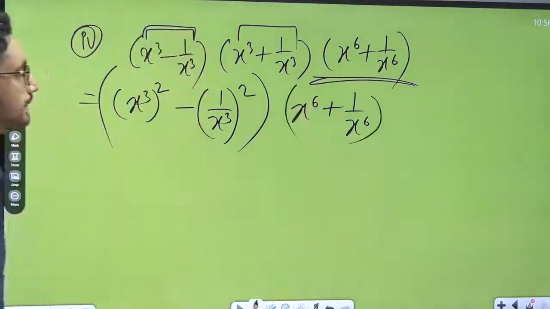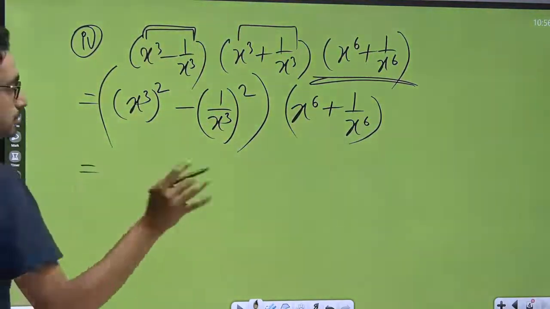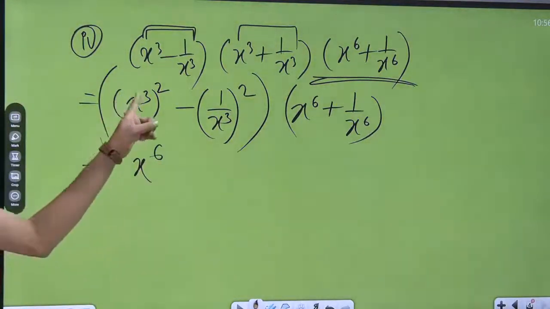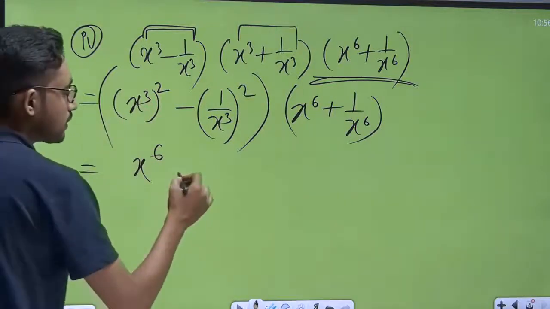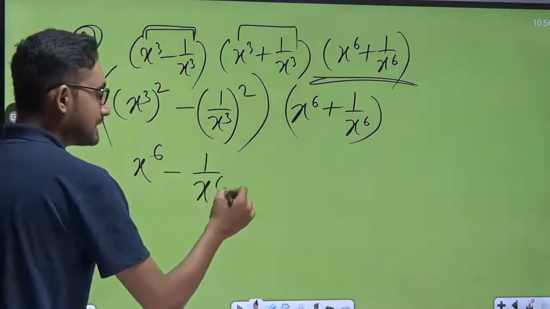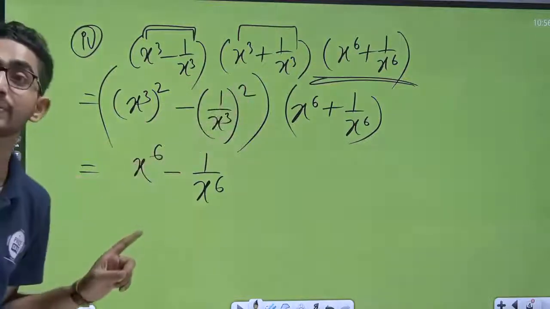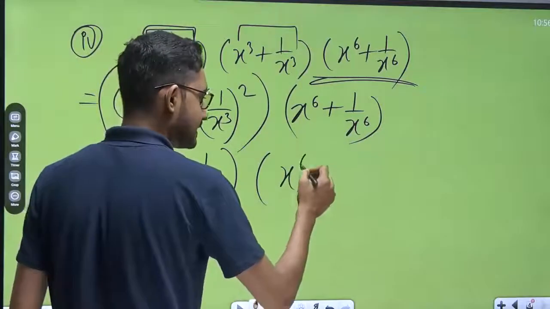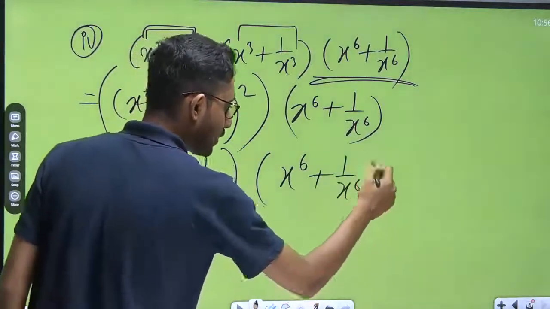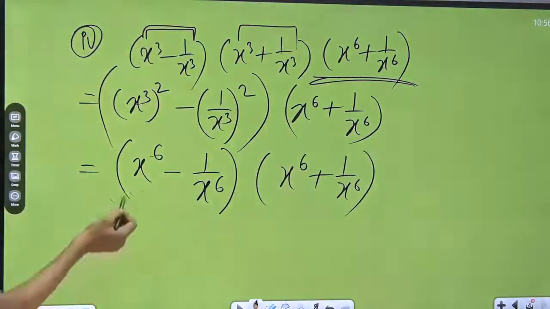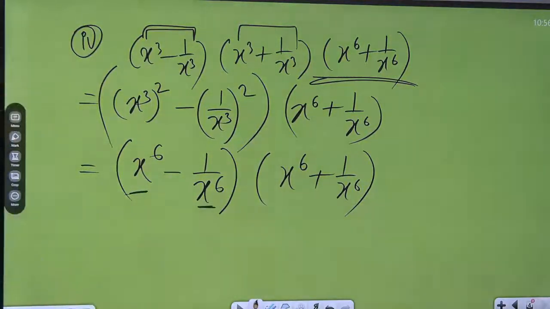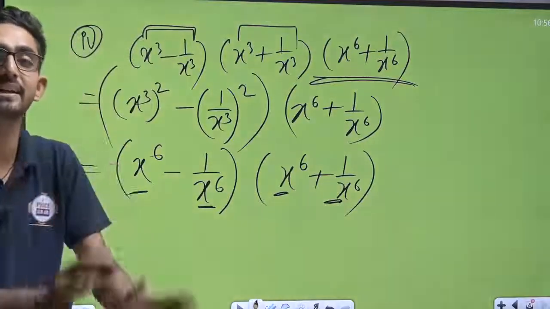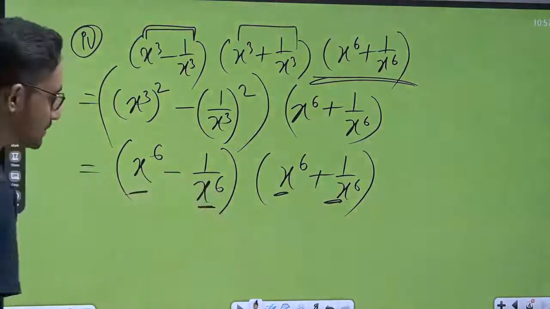Give one bracket. A square minus b square. Done. Now we can say this part you have to write down as it is. So we can say x to the power 6 plus 1 upon x to the power 6. Done. Okay, no issue. Now students see, this is x to the power 6 we can say. है ना? 3 2 जा 6. Similarly here also 1 upon x to the power 6, because 3 multiplied by 2 is 6. Okay, give bracket. And here this is as it is.